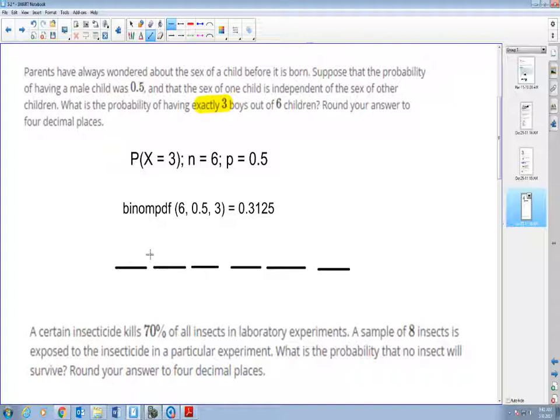Every child has 2 outcomes, either boy or a girl. So that's the half you're thinking about. But a half times a half times a half is just one of the many ways that we can actually have exactly 3 boys.